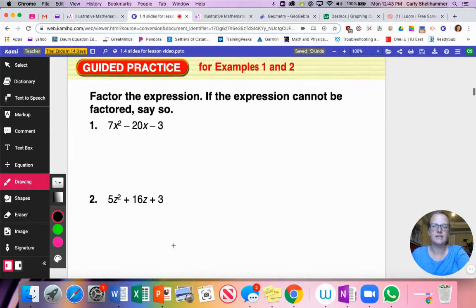Guided practice. I guess we'll do these just to make sure. I have a negative 21 and a negative 20. So this is going to factor into 1 times 21, but this time the 21 is going to be negative, because if I add those together, I get negative 20. So 7x squared plus 1x minus 21x minus 3.